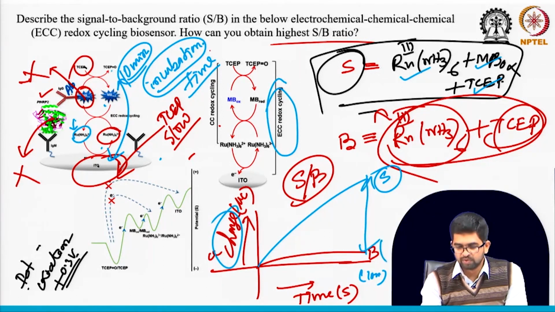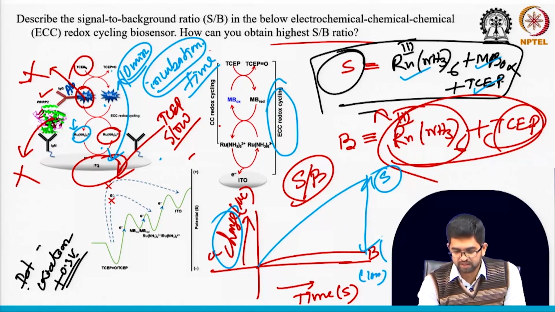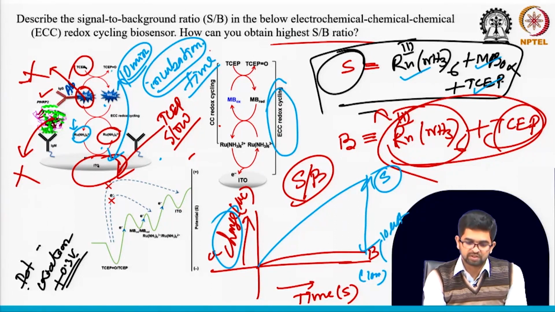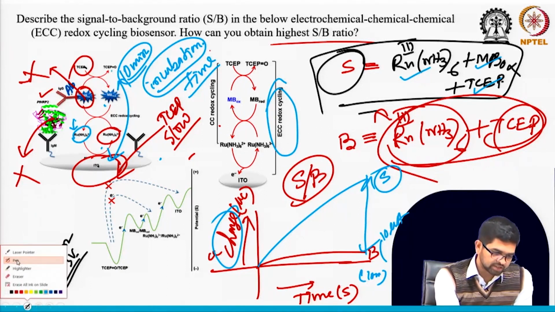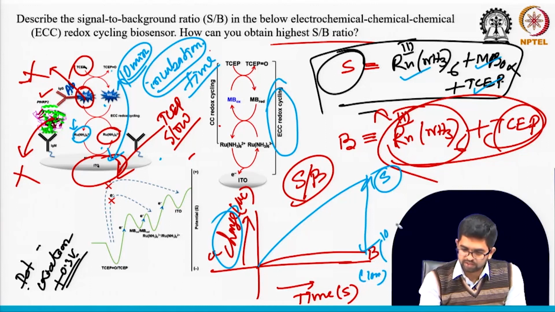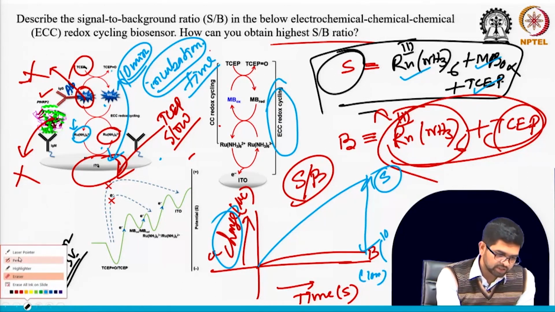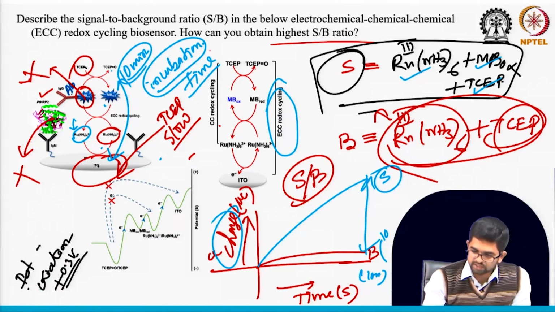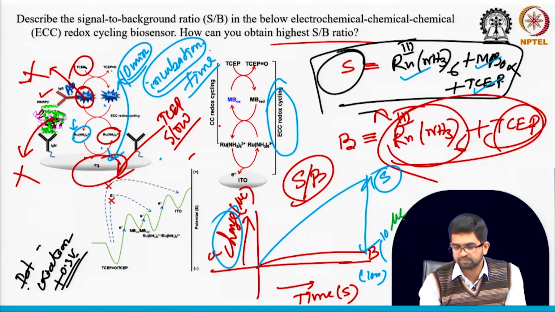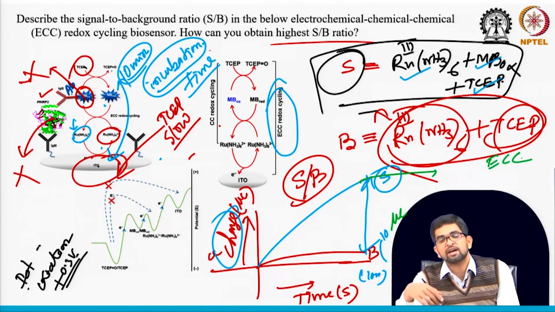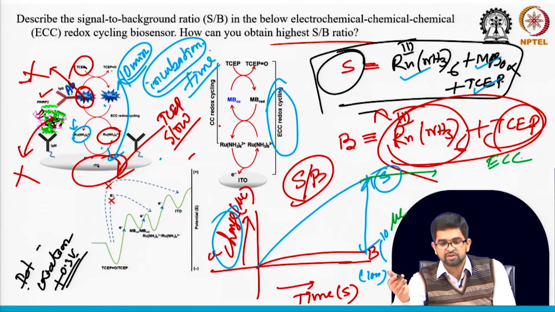Suppose for the background you are getting 10 microamps. So this one is coulomb, like it is the charge, right? So just remember, you know the unit, right? In this case the unit will be microcoulomb, and for the signal, because of the redox cycling only, you are enhancing the signal to background ratio.